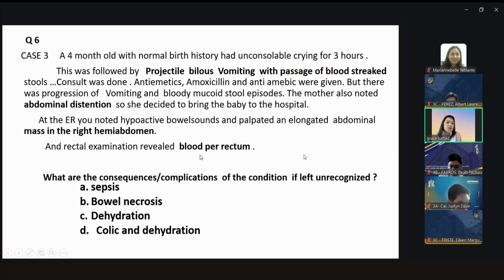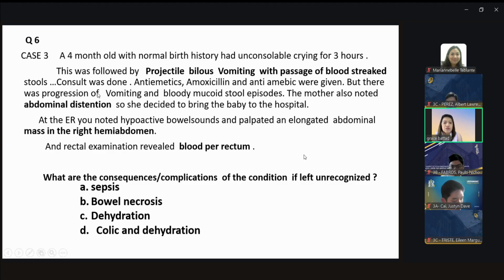Let us now go to case number 3. A 4-month-old baby with normal birth history had inconsolable crying for 3 hours duration. This is followed by projectile non-bilious vomiting with passage of blood-streaked stools. Consult was done and the patient was given antiemetics, an anti-vomiting, antibiotic, and anti-amoebic.